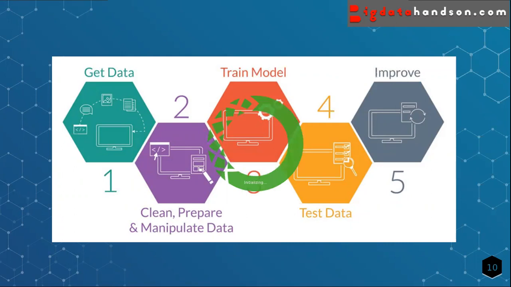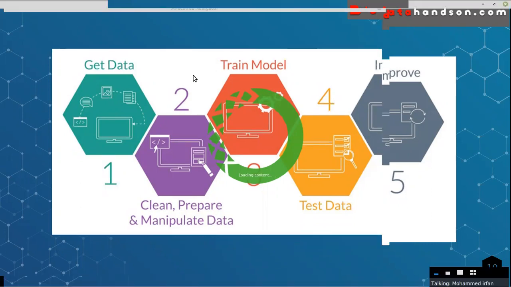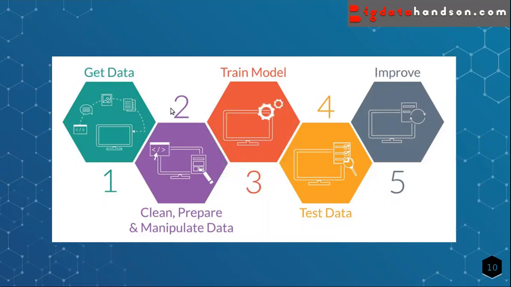So we need to follow these 5 steps. One is get data. If you want to create a machine learning model, of course you want the data to create your model. Okay, and then we'll clean, prepare, transform the data, manipulate the data, visualize what the data is about. So we'll do that in the second step.